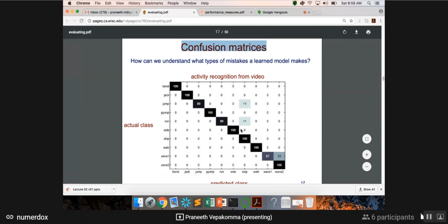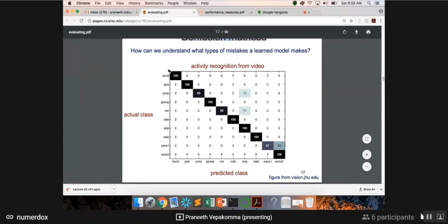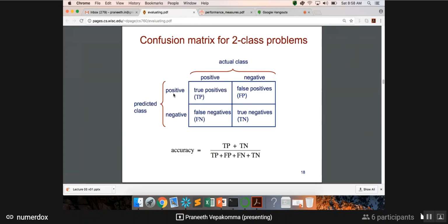These are the true predictions. Anything in the off-diagonal elements are the errors, and it also tells you what kind of errors the model is making. So instead of looking only at overall accuracy, which is also a good metric, you also want to dive deep into how your performance is on a class by class basis.